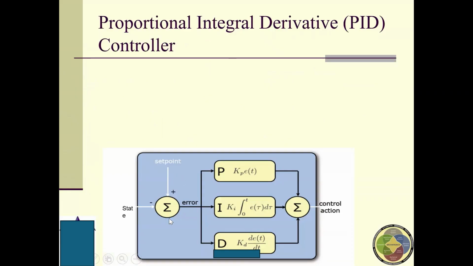So this is a set point, and here is the state, the current state. The set point is my target. The state means where my missile is now. So you can see this error. Ideally, if the error equals 0, I do not do anything.